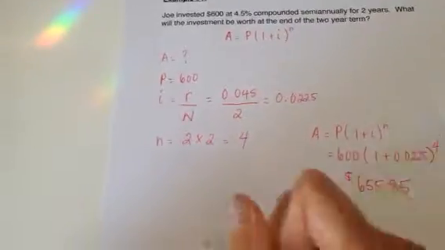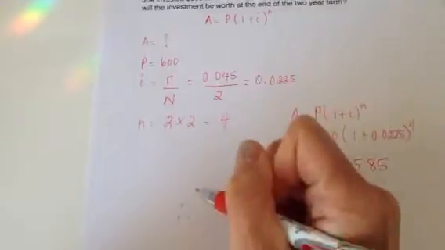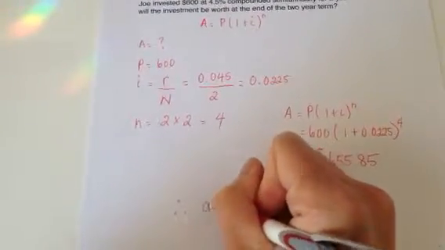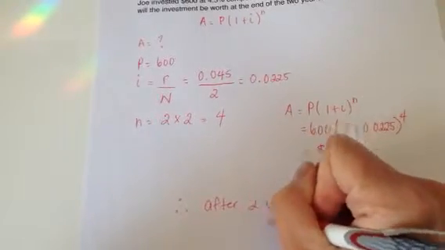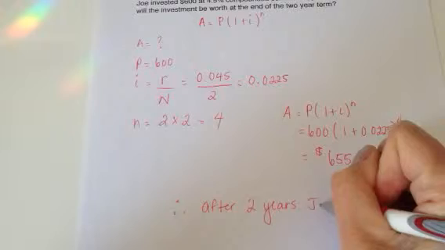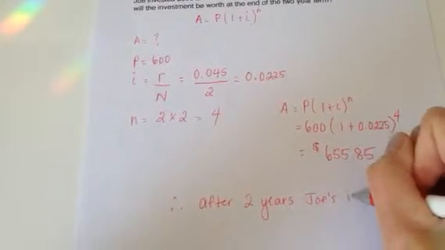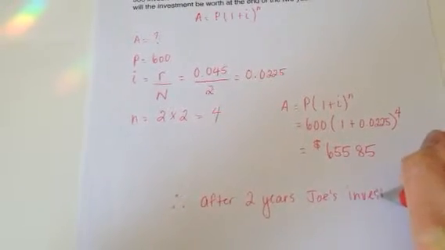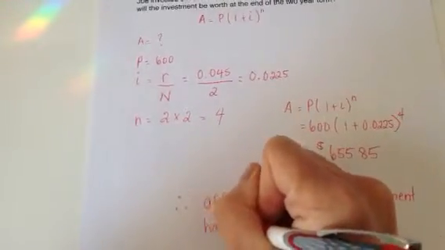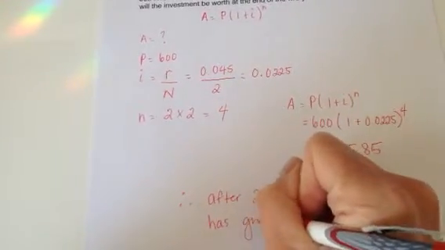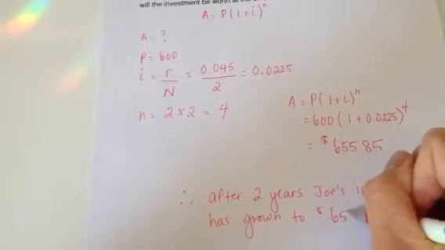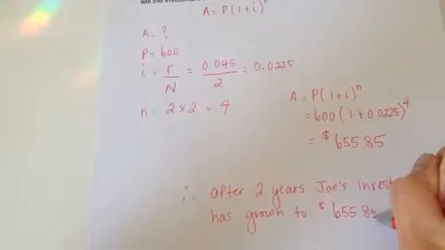Okay, so therefore after 2 years Joe's investment has grown to $655.85.